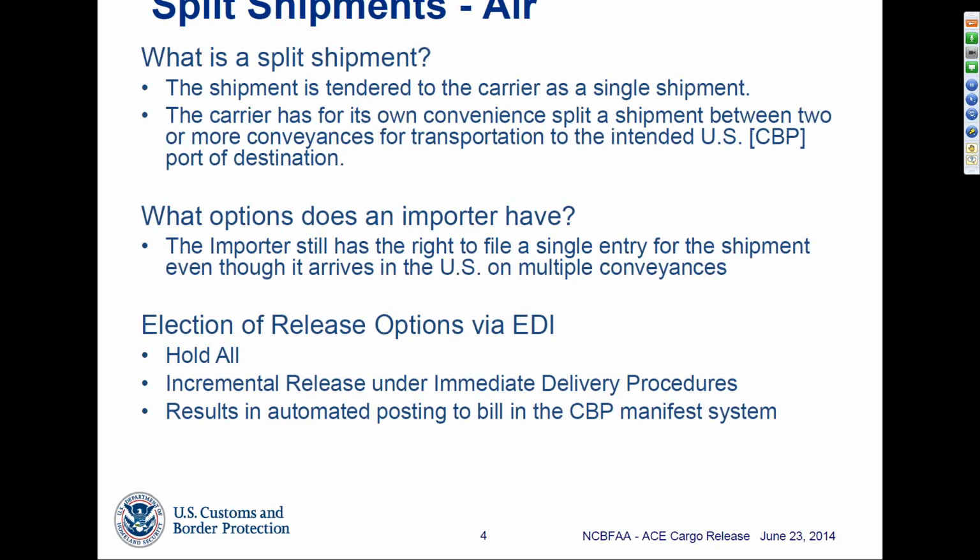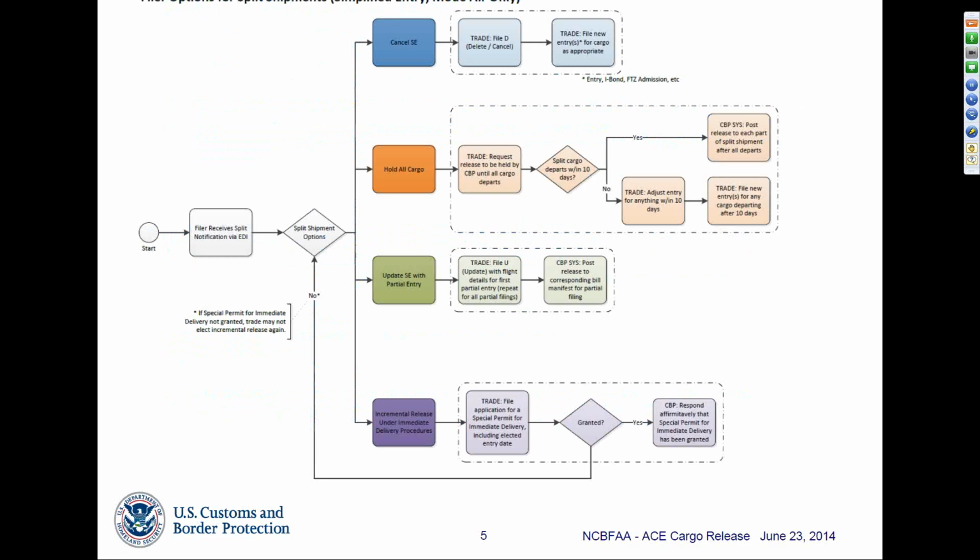And Stephen, can I just say before you go on that I hope everybody who's listening can really realize what a significant change in processing this brings us, and an improvement too, in the sense that first of all we now have a choice to hold all the cargo or release it incrementally for splits.